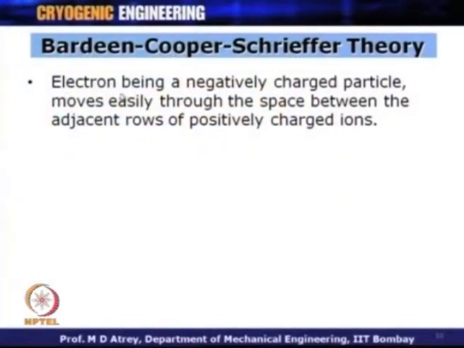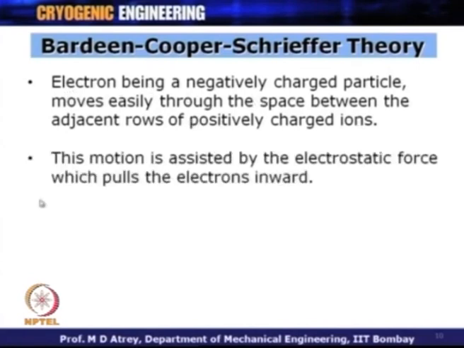So, electrons being negatively charged particles, they move easily through the space between the adjacent rows of positively charged ions. As in every material, we have positively charged ions and the electrons flow through the positively charged ions. This motion is assisted by electrostatic force which pulls the electron forward.